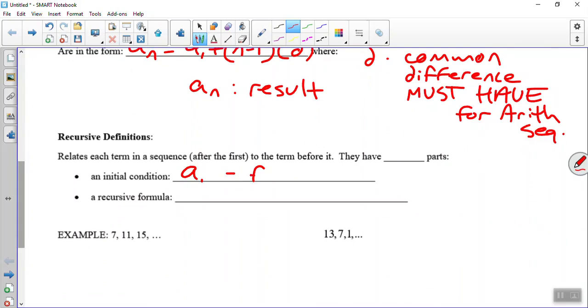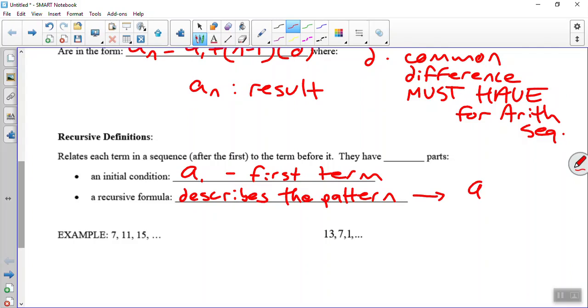Which again is the first term. And then some kind of formula that describes the pattern. You're going to have A sub n minus 1.